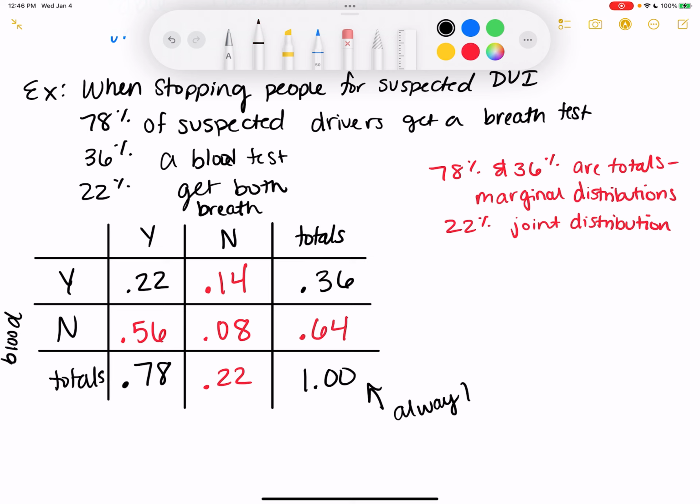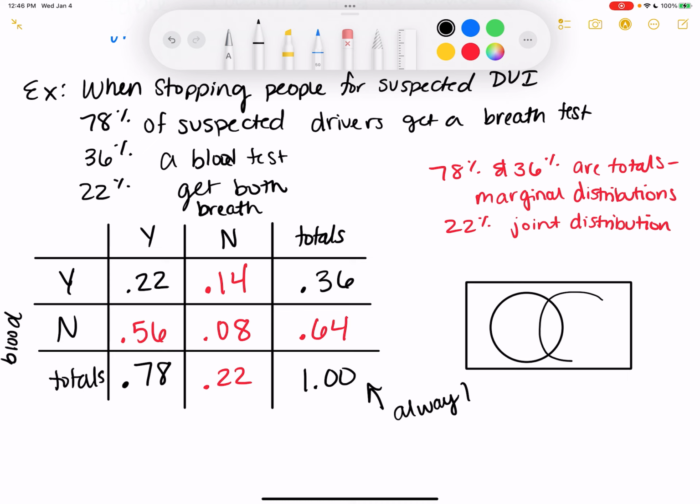But if we were going to do a Venn diagram to represent this, for blood, it would be the yes for blood, no for breath, so that would be the 0.14.